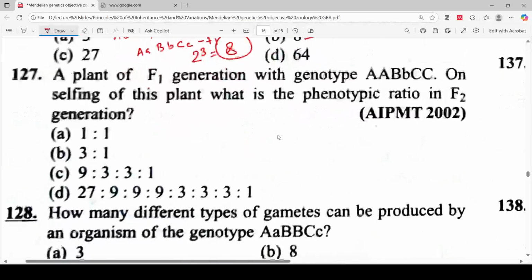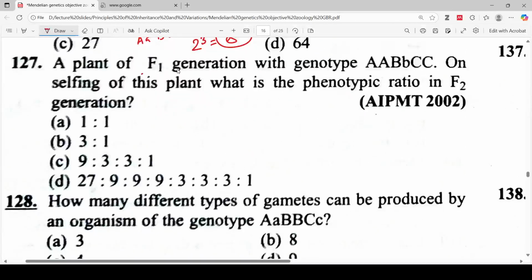Next question, a plant of F1 generation with this genotype, on selfing of this plant, what is the phenotype ratio in the F2 generation?